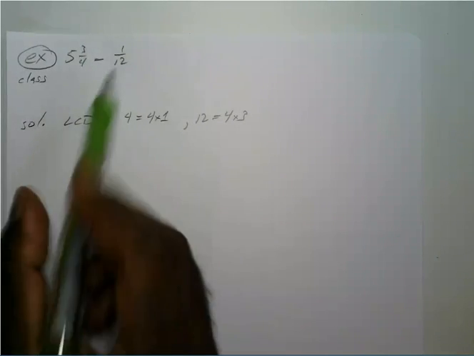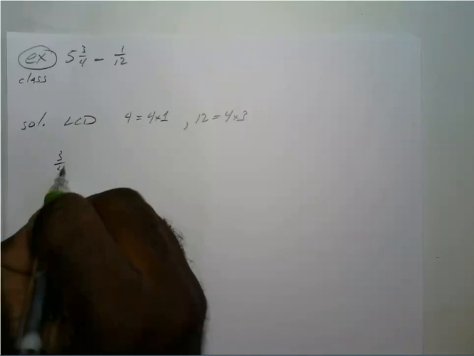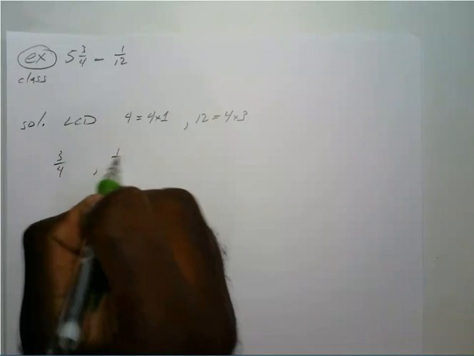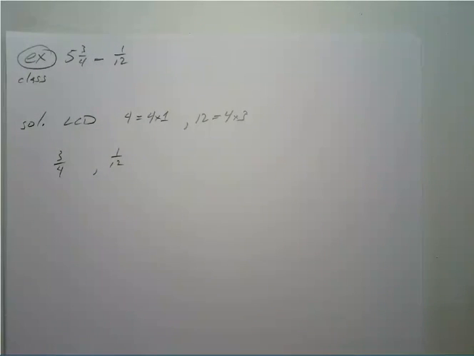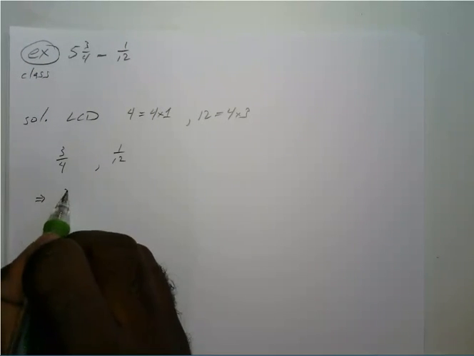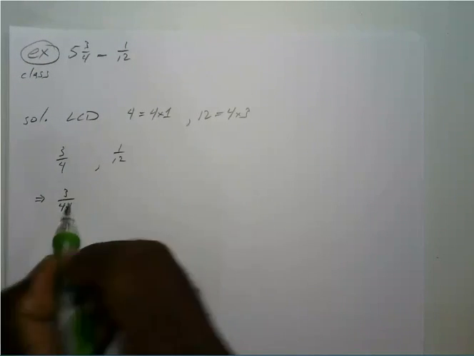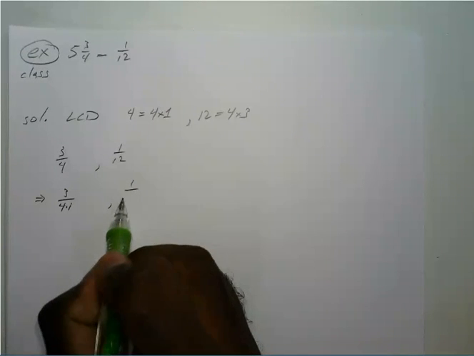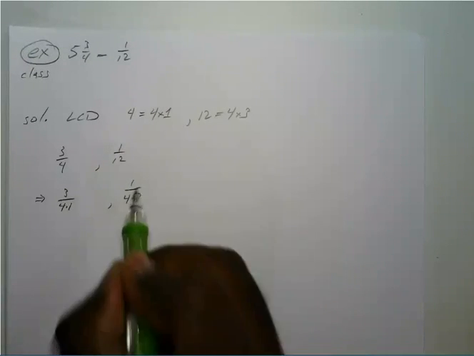So we have our fractional parts. So you have 3 over 4. You have 1 over 12. Okay, so we're going to rewrite those as 3 over 4 times 1 and 1 over 4 times 3.